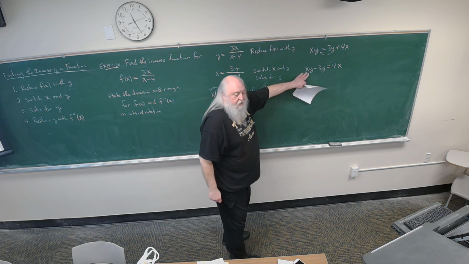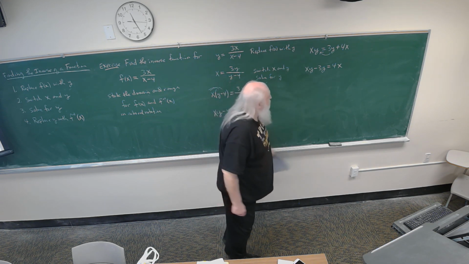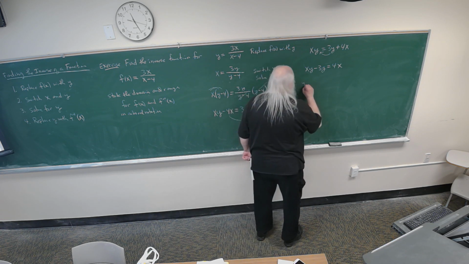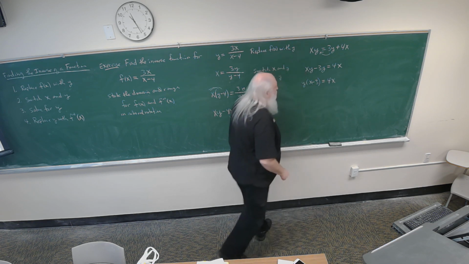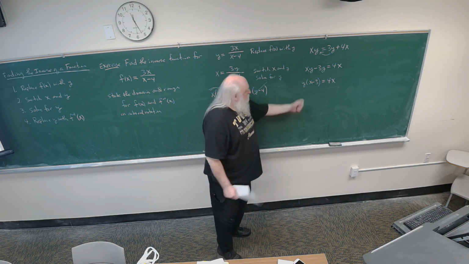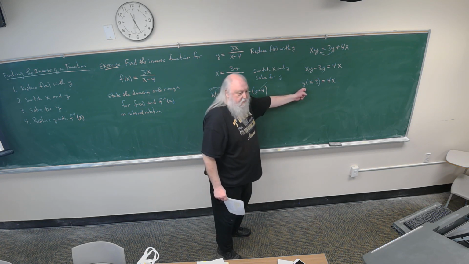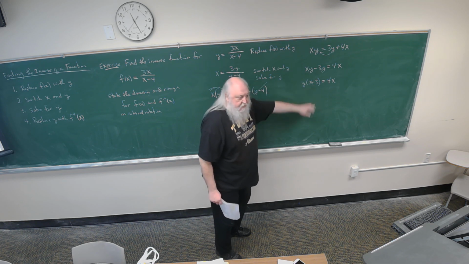And now you can see on the left side I got two terms. Each contain y, so I can factor out the y. And I have y times x minus 3 is equal to 4x. And now, the two factors here, y and x minus 3. So to solve for y, I divide both sides by the binomial x minus 3.